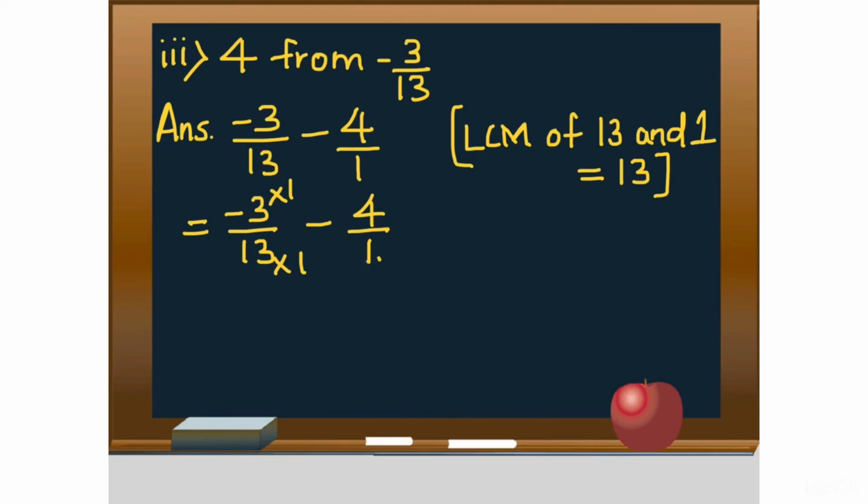So 1 into 13 and the same 13 will multiply even with the numerator. Now this expression is equal to minus 3 times 1 is minus 3 by 13 times 1 is 13 minus 4 times 13 is 52 by 1 times 13 is 13.